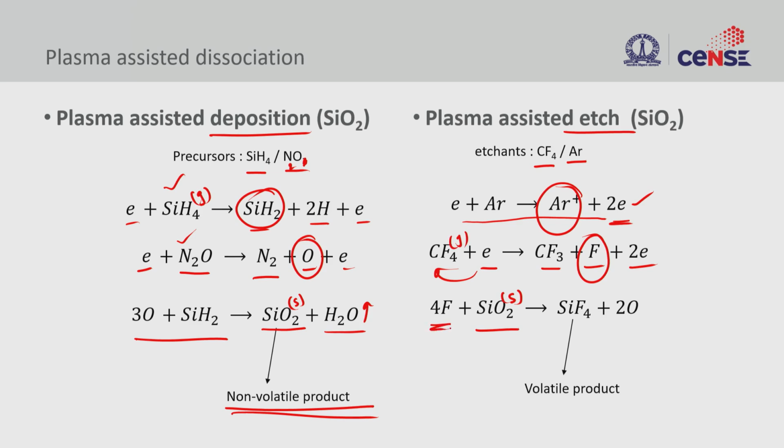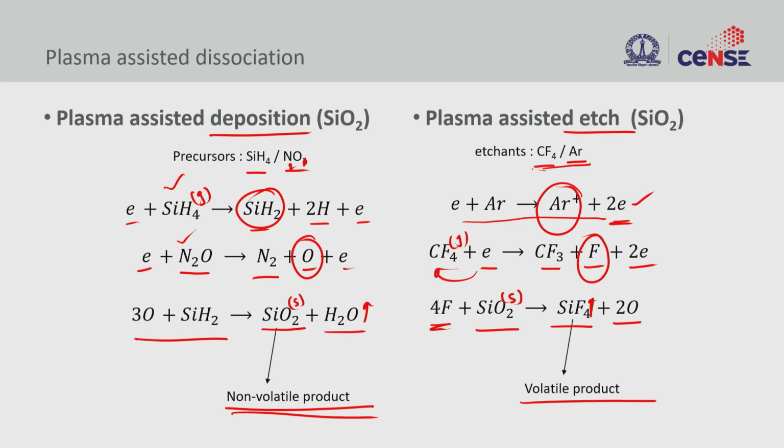And now four fluorine atoms can react with silicon dioxide and create SiF4, and SiF4 is a gas, releasing 2 oxygen in that process, okay? So now you have generated a volatile product by using a volatile etchant.